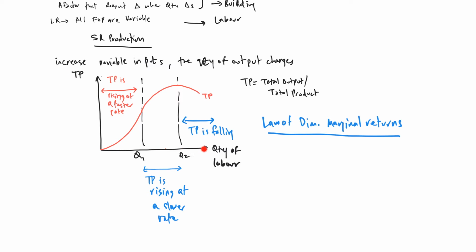So as I'm hiring more labor, what I'm seeing is that initially labor is increasing output but at a faster rate. Why is it happening like this? Let's call this zone 1. In zone 1, basically what is happening is two things. Number one is this, that when you are increasing labor, it could be possible that your capital utilization is not proper. Let's say if I switch on both the ACs and only 5 kids are sitting here, you guys will be saying, can you please close the AC because it's really cold.